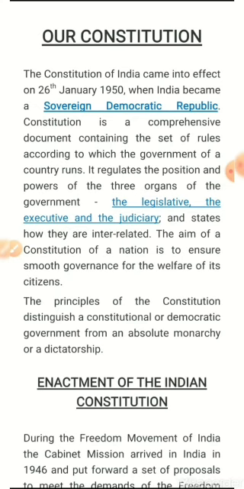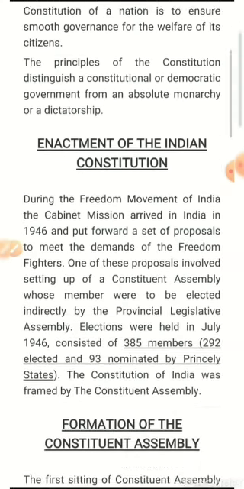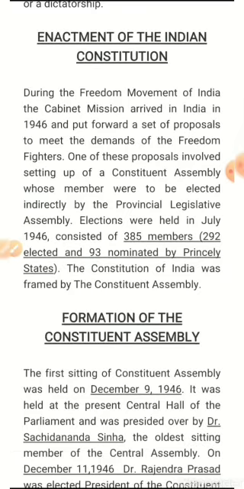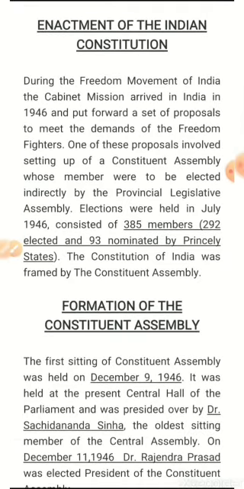Now, enactment of the Indian Constitution. According to the freedom movement of India, the cabinet mission arrived in India in 1946 and put forward a set of proposals to meet the demands of the freedom fighters. Now, one of these proposals involved setting up of a constitution assembly whose members were to be elected indirectly by the provisional legislative assembly, that is also called the lower house.